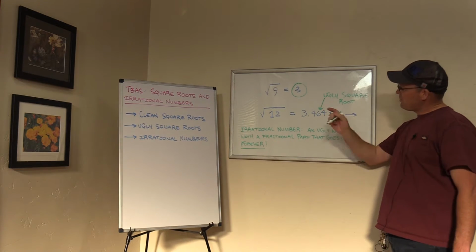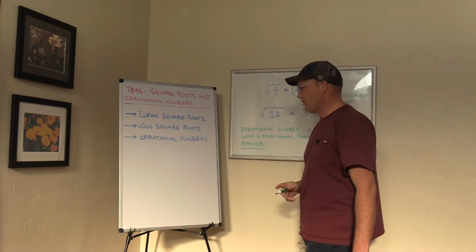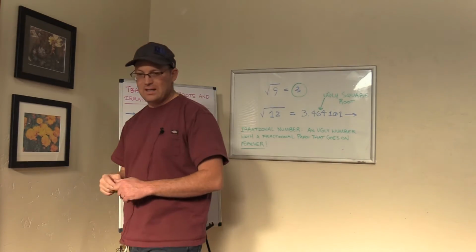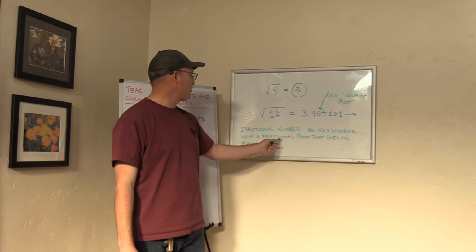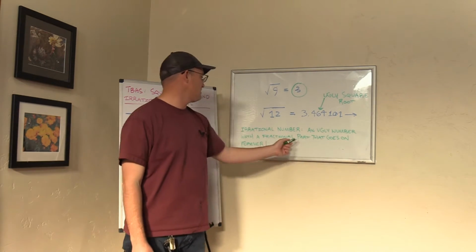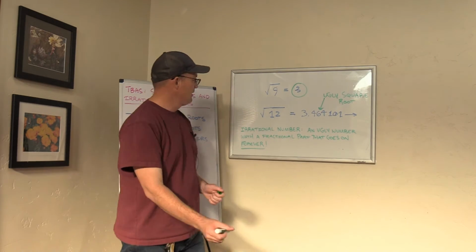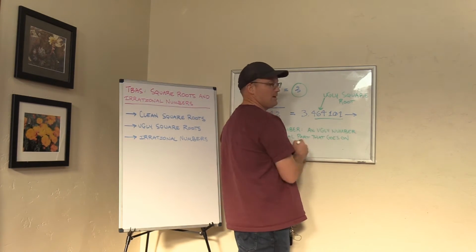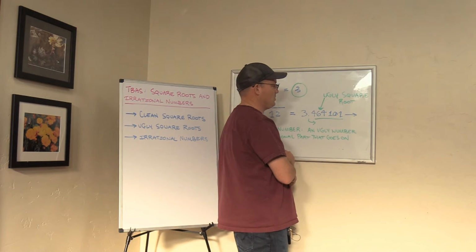That ugly square root is also what we call an irrational number in math. So what is an irrational number? An irrational number is an ugly number with a fractional part that goes on typically forever. Notice this number has a fractional part, some digits besides 0 on the right side of the decimal.